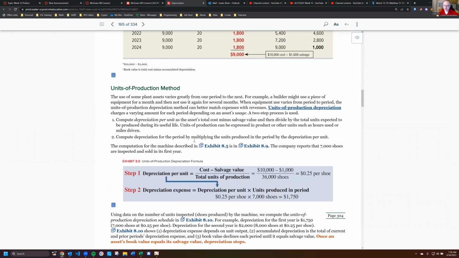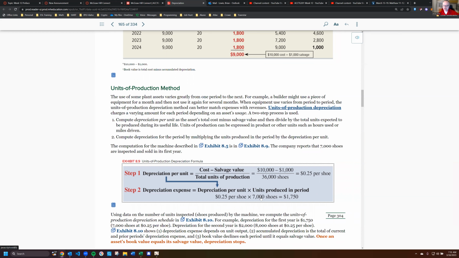On your units of production, it's going to be very similar. Let's say in this case they're looking at plant assets. Your cost versus your salvage value, same thing, divided by units of production. In this case, they said we can do 36,000 shoes with this plant, so it's 25 cents per shoe.